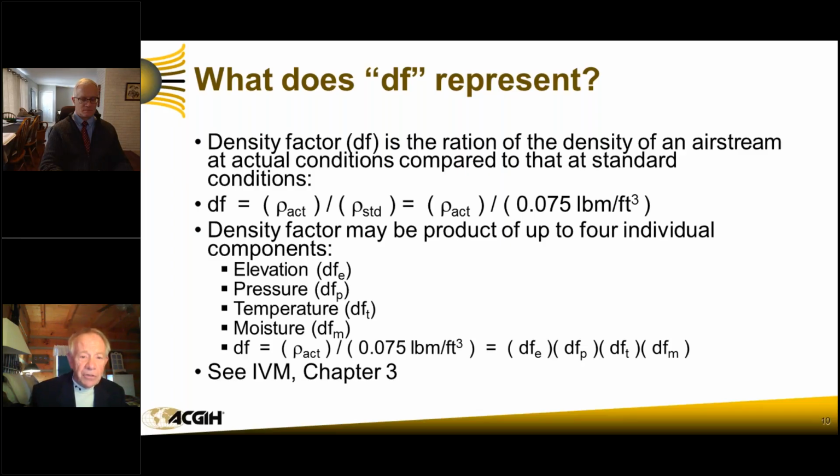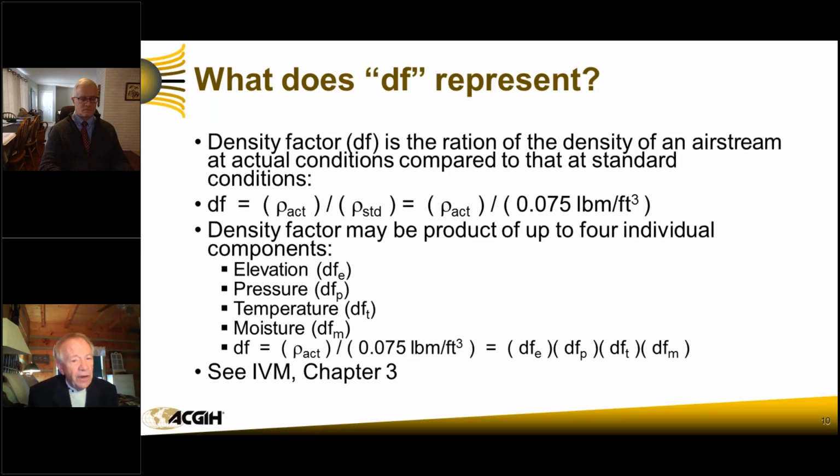Temperature, we're going to be talking about that a lot. 30 degrees Fahrenheit gives us something that we want to consider. Moisture, which is really a misnomer there. What we want to say is, is air really air? Well, air is always air, but it always has some degree of moisture to it.